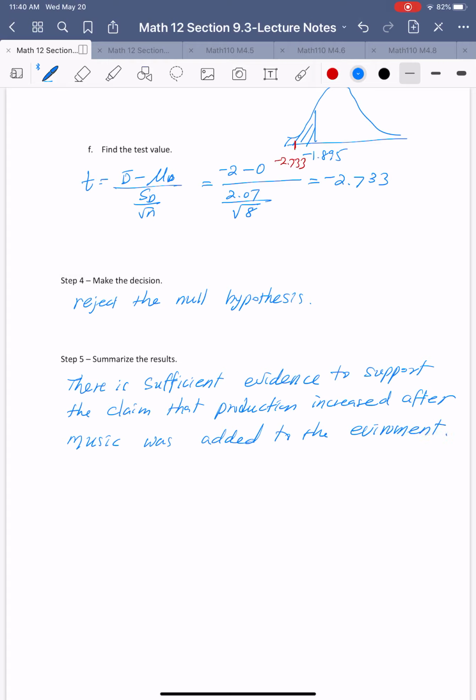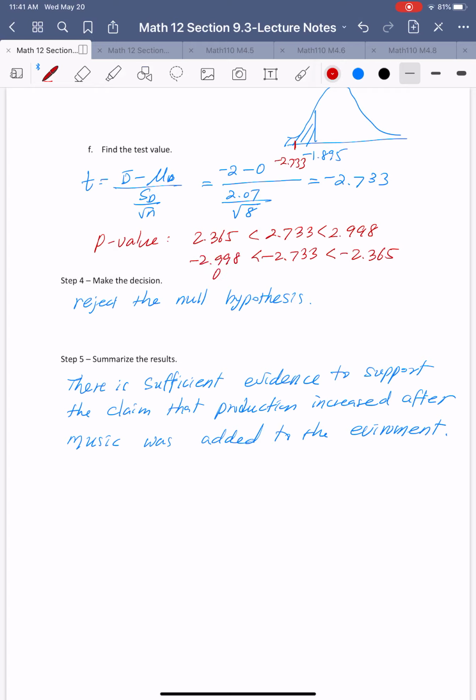Okay, all right. If you use a p-value from the test value, 2.733 should be between 2.998 and 2.365, but it's negative, so negative 2.365 and negative 2.998.